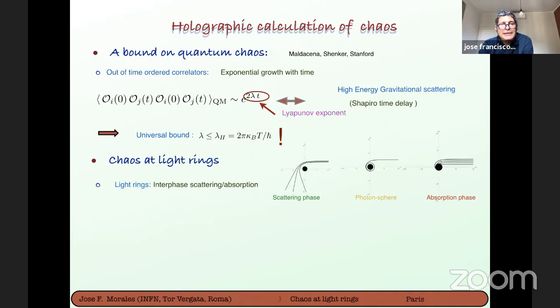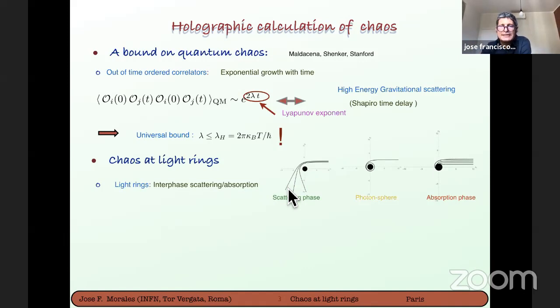Now, light rings are the natural place to look for chaos in classical gravity. I stress that theirs was quantum chaos, but already at the classical level you can see that light rings are at the interface between a scattering and an absorption phase. What I mean is that if you scatter light off a black hole, far away from the black hole the light gets deflected only slightly.